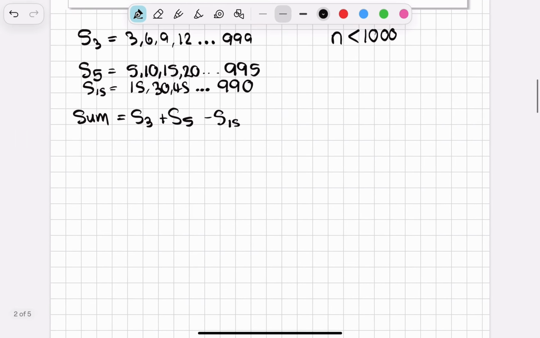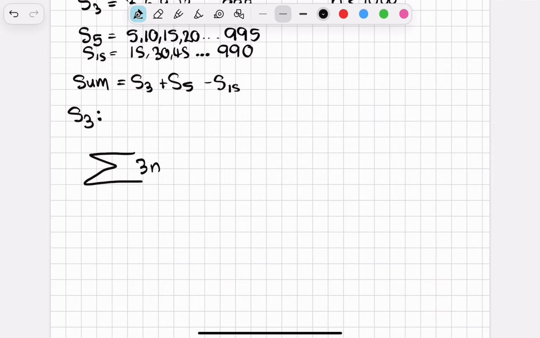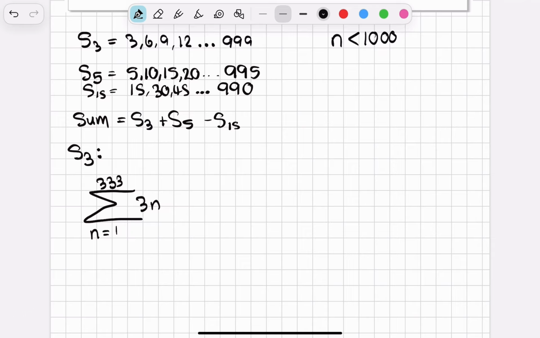Fine. Let's evaluate S3. For S3, we've got the sum of 3n from n equals 1 till 333. Why 333? Because our last term, 999 divided by 3, is 333.